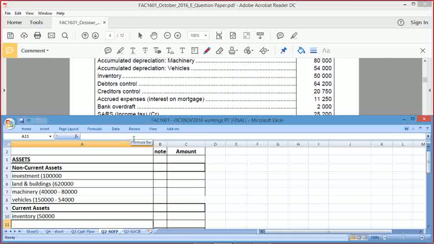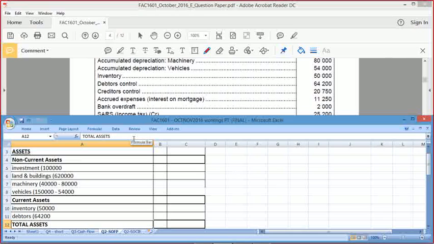Debtors. Inventory is 50. Sorry, I'm just going to make a note. Okay, so debtors is an asset. Good. Which one? It will be a current asset as well. Yes. 64,200. Good. Next. Creditors control is a liability.